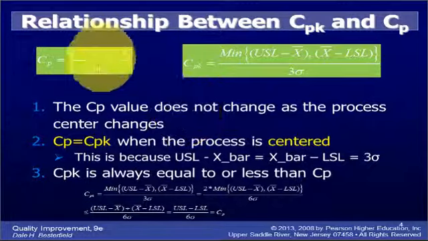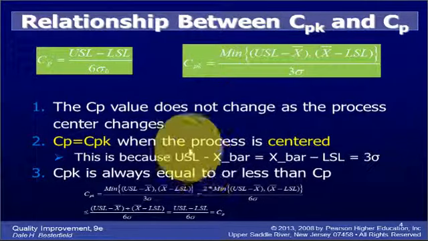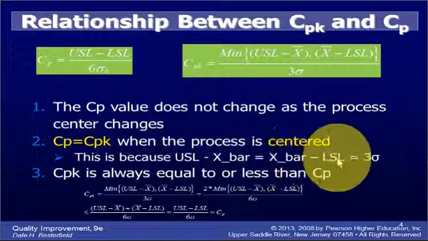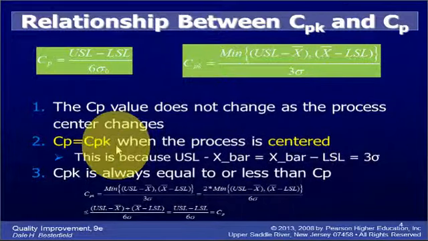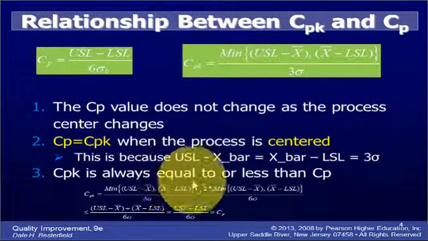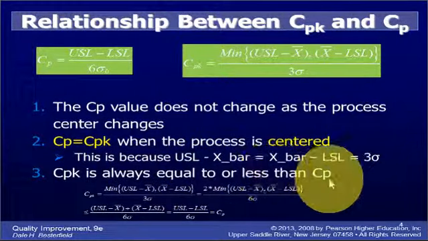If the process is centered, then these two terms are the same, so the difference between your specification limits and the center of your process is the same as 3 sigma. Therefore, the CPK value and the CP value are equal. And the CPK value is always equal to or less than the CP value.